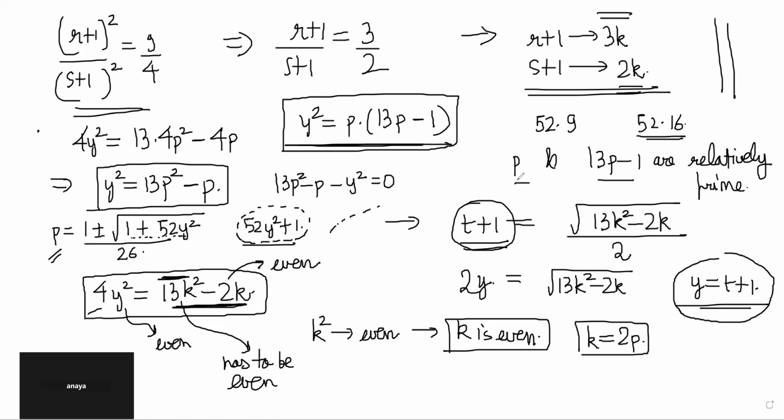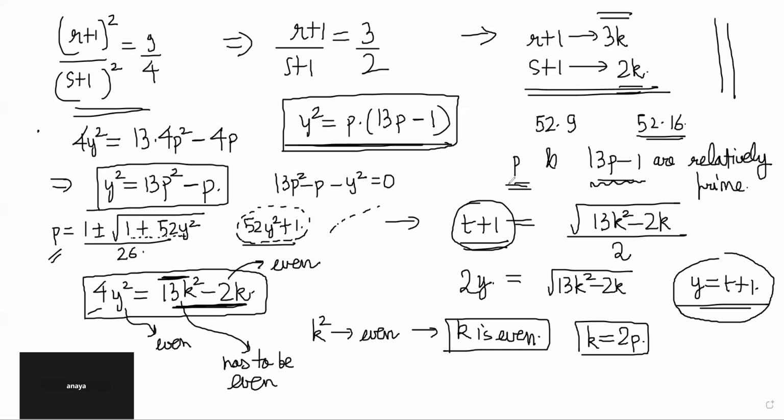You can take any integer p, and 13p minus 1 is not going to have a common factor with it. Because if you think of it modulo p, this is always minus 1 modulo p, and this is 0 mod p. These don't have any common factors.